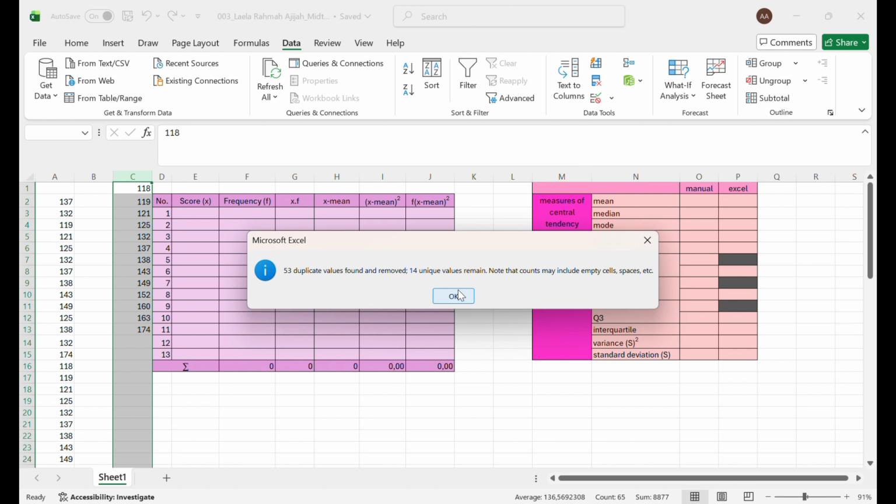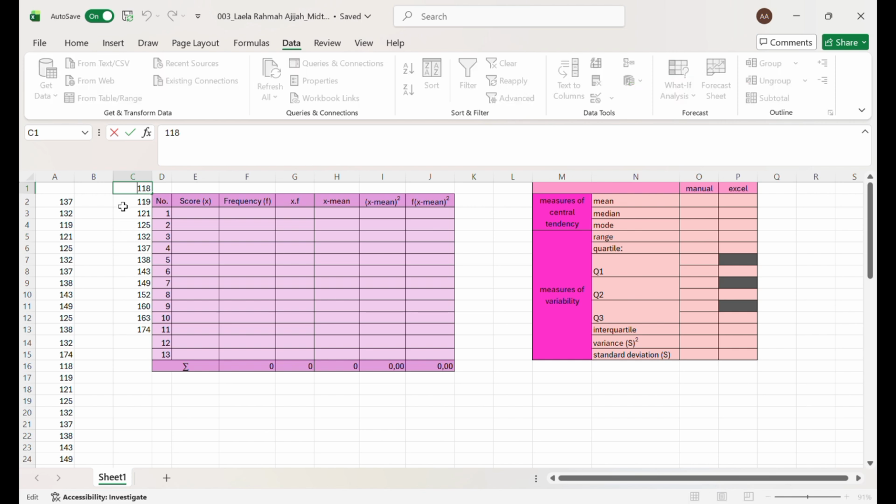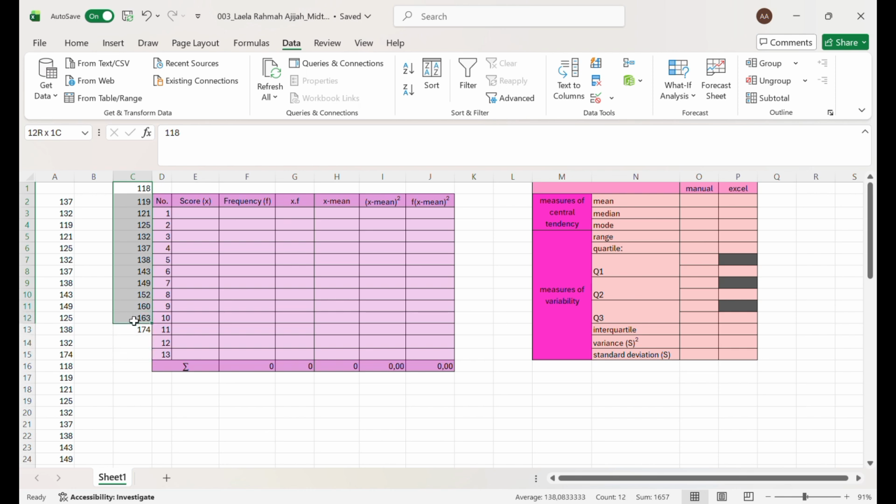After you sort the data and remove duplicates, you can move your data to the table.